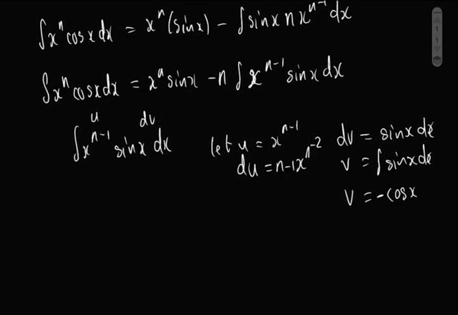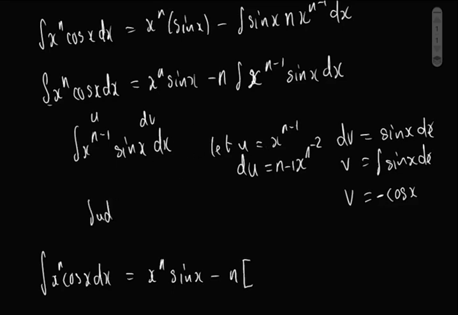I can bring everything back: the integral of x^n cos x dx would therefore be x^n sin x minus n multiplying. Here, remember, we said the integral of u dv is equal to uv minus the integral of v du.